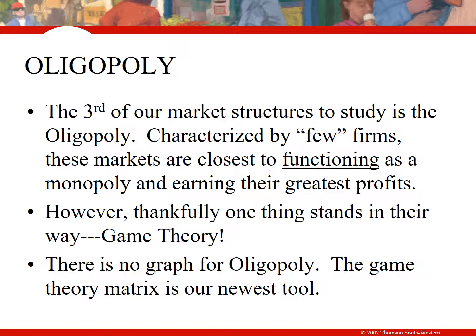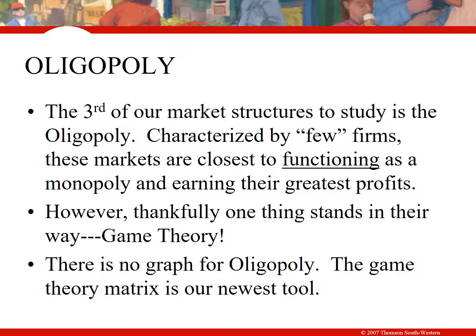If you want, think in terms of Pepsi and Coca-Cola, right? Two firms that own most of the soda industry in our country. You can think of oil industries or car companies where there's just a few firms that are going to dominate the market. The reality is that if they do work together, they will function similar to a monopoly.